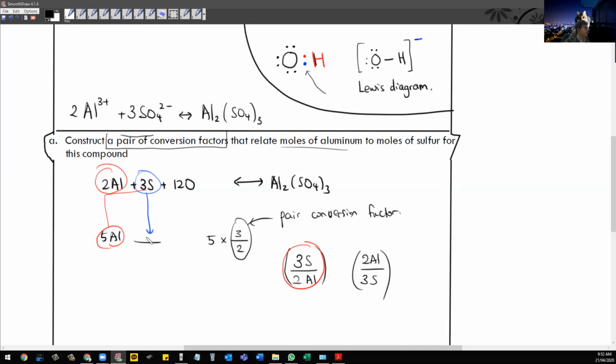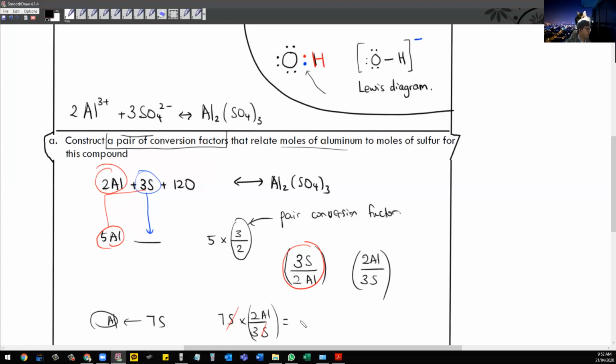If you've got, let's say 7 sulfur, then how many aluminiums are there? Then you've got to divide by 3 and then times by 2. So that's times by 2 over 3. True. You start with 7 sulfur. The pair conversion factor is 2 Al over 3 S. And you see how the S cancels out, and you just get left with the aluminium.